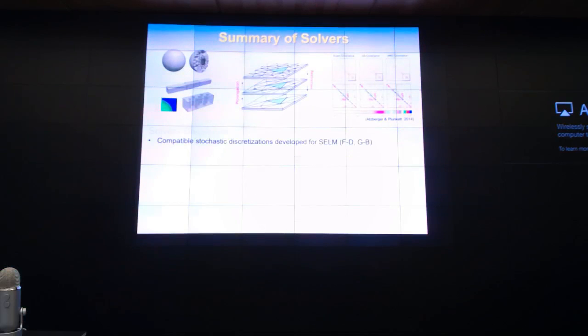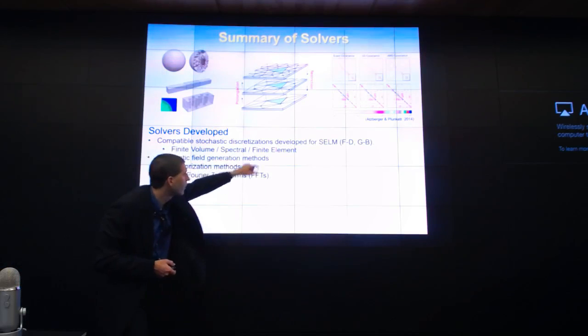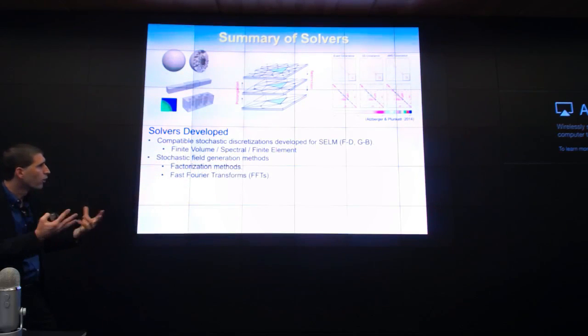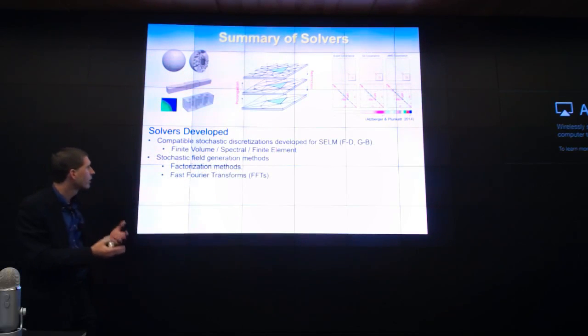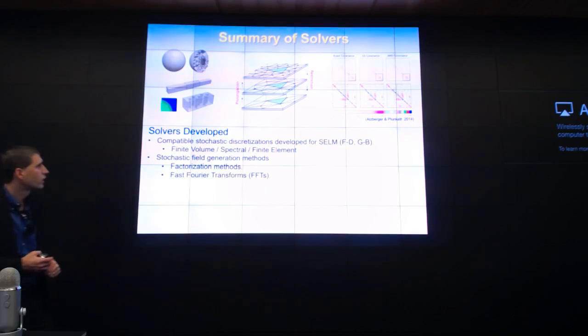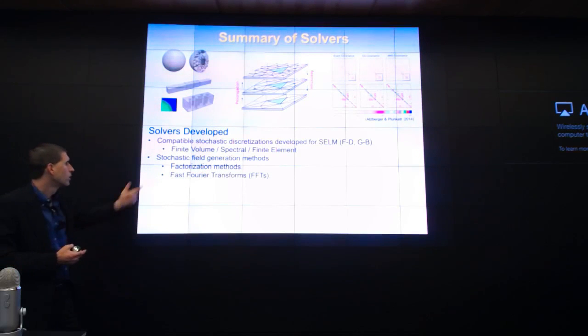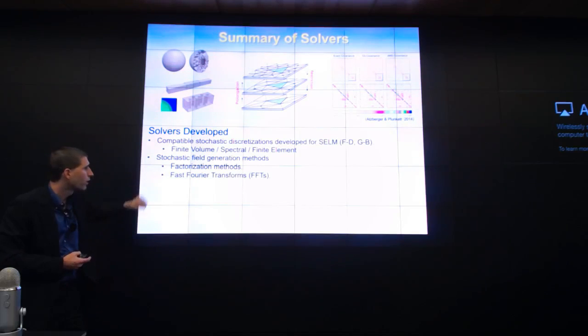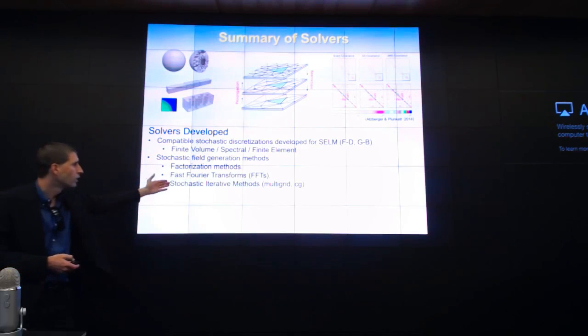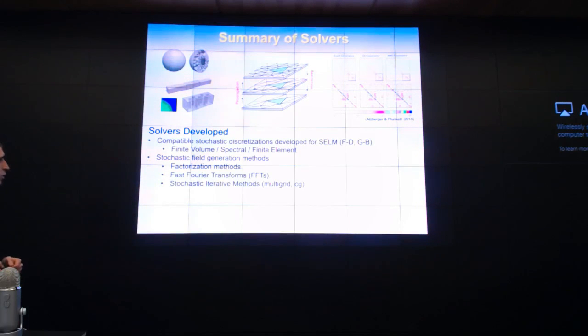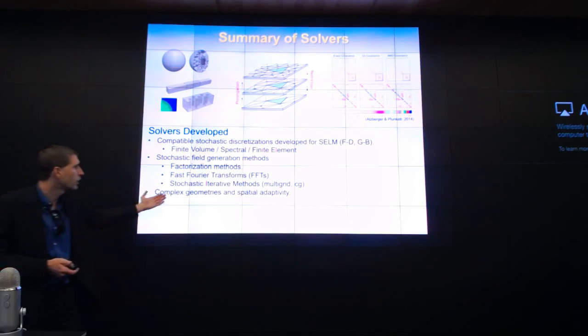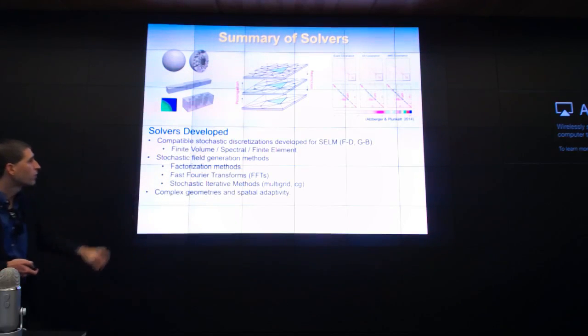So we have solvers for doing fluctuating hydrodynamics using finite volume, spectral, and finite element type discretizations. We've overcome those key challenges of generating the stochastic driving fields in a computationally efficient manner. Some of it involves factorization, as I mentioned, when you have fast Fourier transforms, and we now have these stochastic iterative methods to deal with the challenge as well. We can now deal with complicated geometries, spatial adaptivity, and so on.